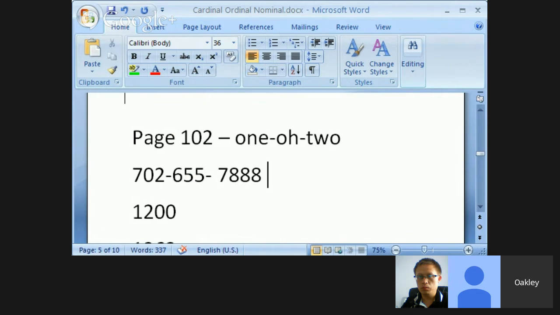I've heard Americans do it, but very rarely. The O in the phone number, for sure, you would most likely hear that. As an American, Tatiana, I would say 702-655-7888. There's a certain pattern that I use. 3 numbers, 2 numbers, 2 numbers. Or sometimes 3 numbers, 4 numbers. But we usually say all the numbers, 7888.